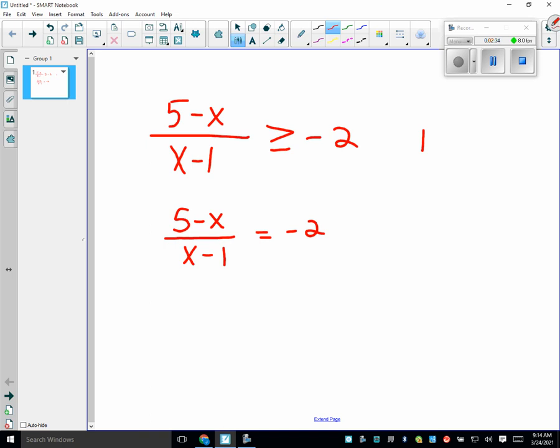For most, the easy way is to cross multiply, because what's on the bottom here? 1. So I have 5 minus x equals negative 2x plus 2. Can I move my x's to the left and numbers to the right? So what is x equal to?